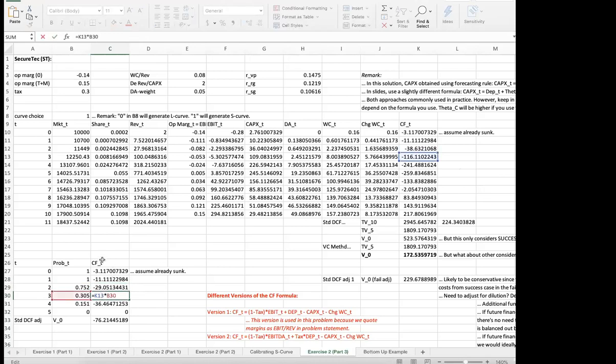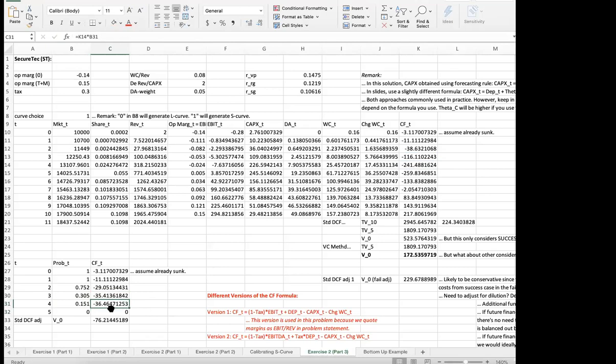What's the average cash flow at time 3 conditional on failure? Well, 30% of the time you survive for 3 periods, and in that 30% of the time you lose on average 116 million. And finally, 15% of the time you survive 4 periods and lose 241 million.